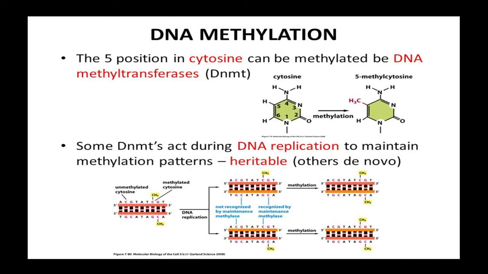During methylation, the 5 position in cytosine can be methylated by DNA methyltransferases. Some DNA methyltransferases act during DNA replication to maintain methylation patterns heritable, others act de novo.